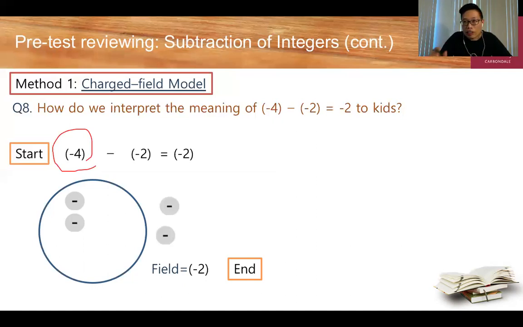So it is difficult to represent a negative number by money or apples. It's the same thing in addition: when the addend is a negative number, money or apples cannot represent it.